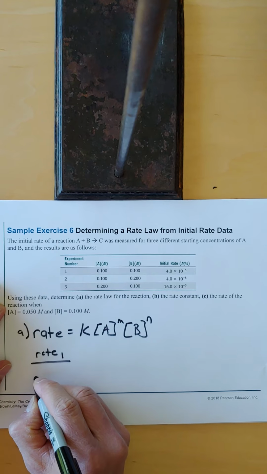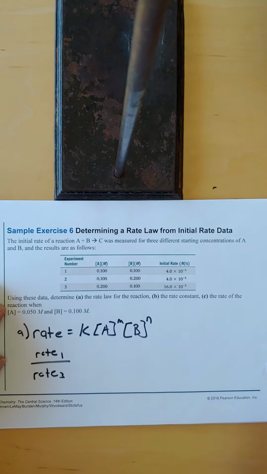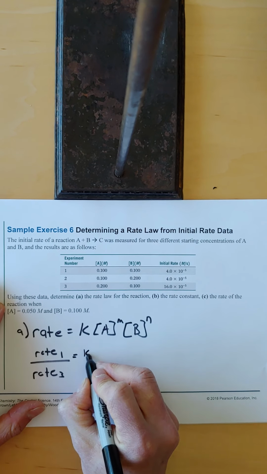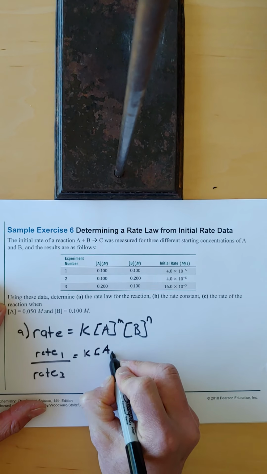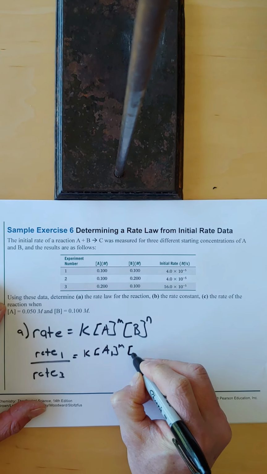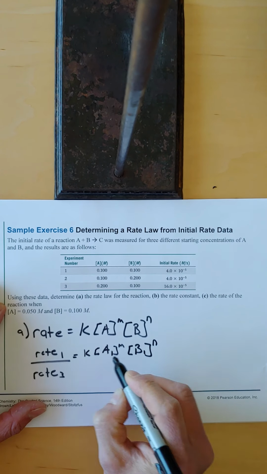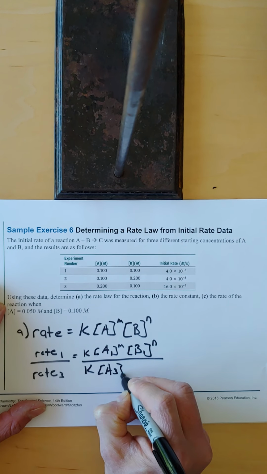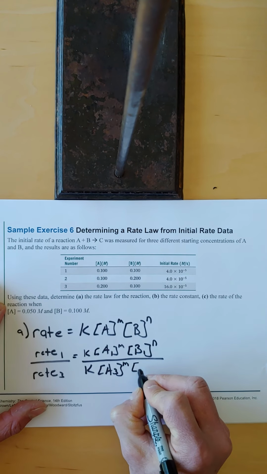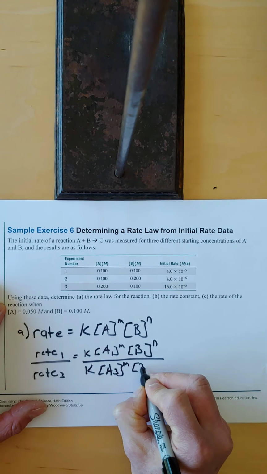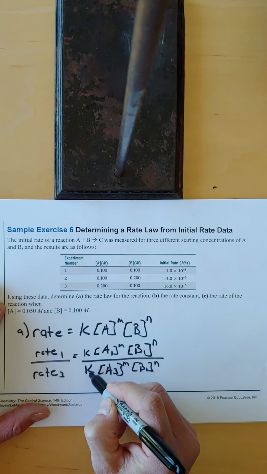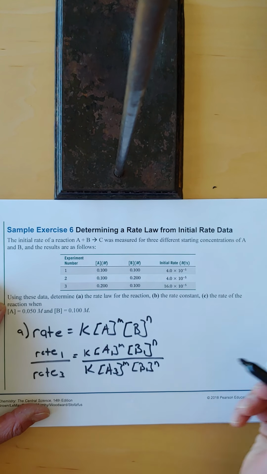the rate of experiment 1 over the rate of experiment 3. So we're looking at those two relative rates. That equals K times the concentration of A1 raised to the m times the concentration of B1 raised to the n, divided by K times the concentration of A3 raised to the m times the concentration of B1 raised to the n. So when we look at that, our K is going to be the same, and B1 to the n is the same.